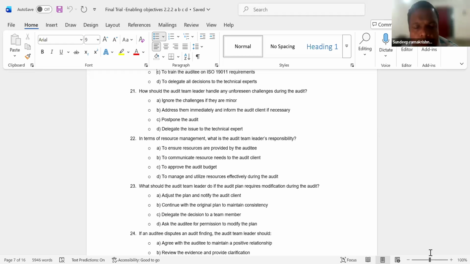The audit plan is the property of the certification body. There is no necessity to ask the auditee's permission. See, the auditee is the person who is asking for modification. So, the audit team leader has the authority to adjust the plan.